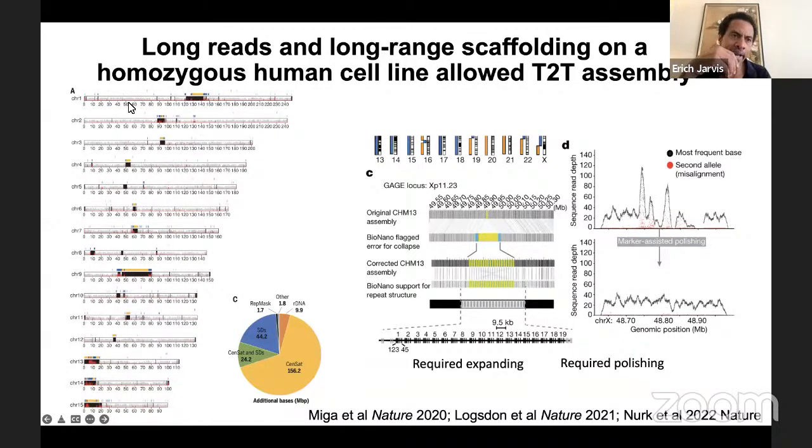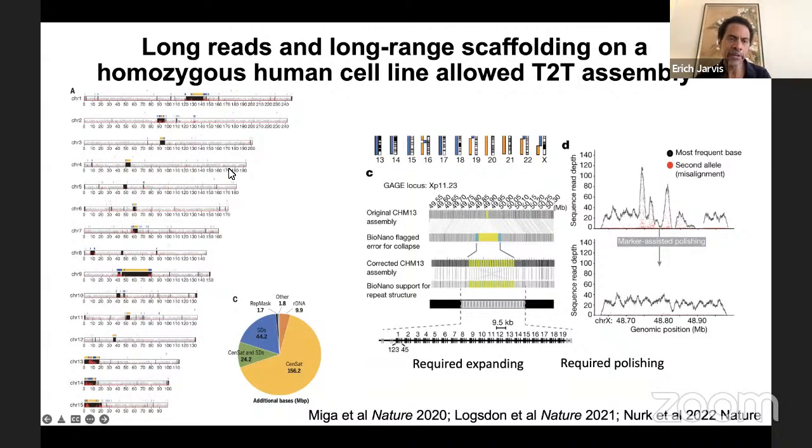And everything in black here, these little black tick marks and these big black bars here, is what was missing in the previous GRCh38 reference, mostly in centromeres or repetitive regions throughout the chromosomes. Mind you, the GRCh38 reference took several billion dollars to generate and over 20 years to correct.